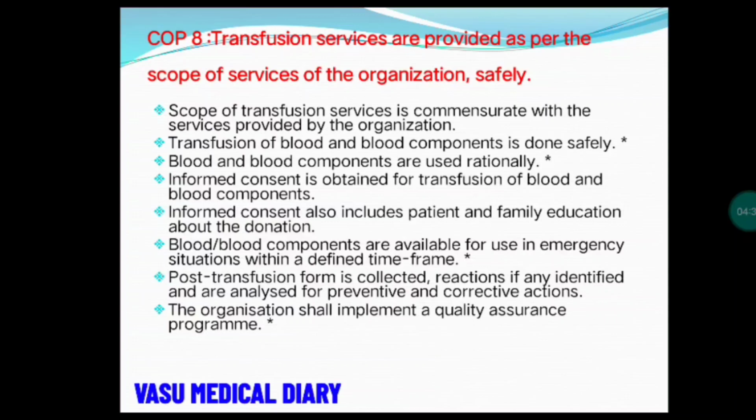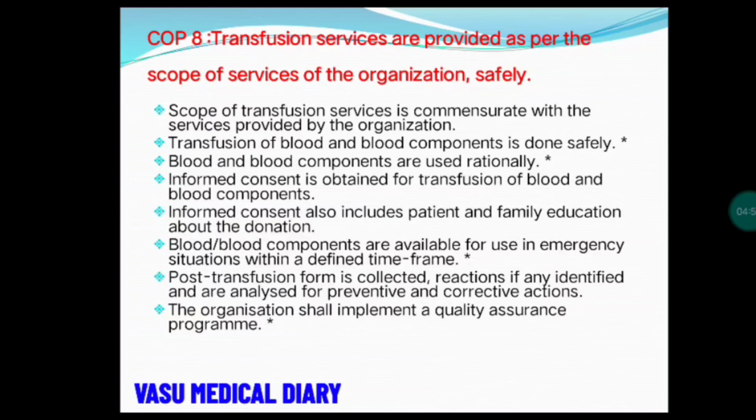Nowadays we are avoiding transfusion of whole blood to avoid pulmonary embolism and fluid overload. And informed consent is obtained for transfusion of blood and blood components. Informed consent also includes patient and family education about the donation.